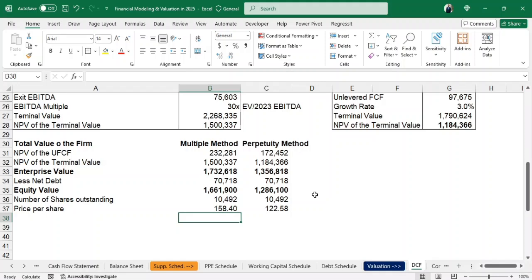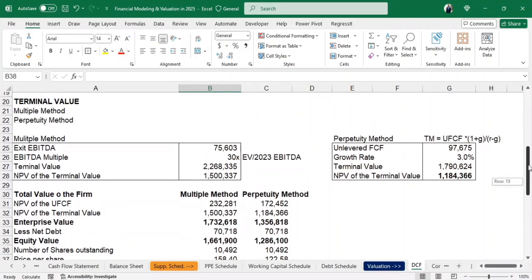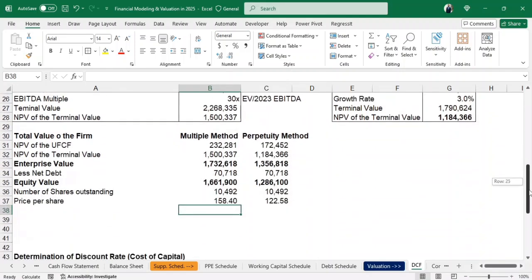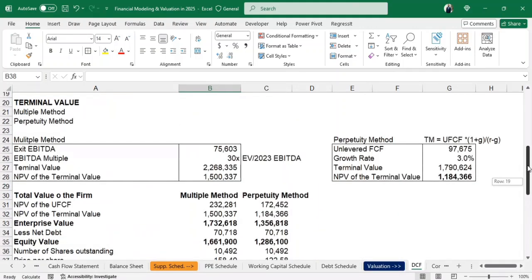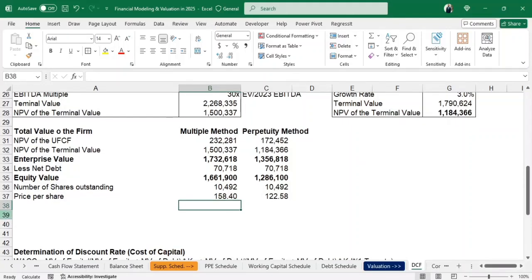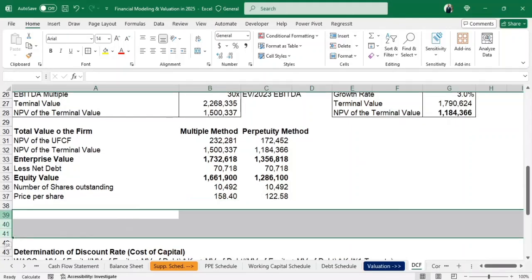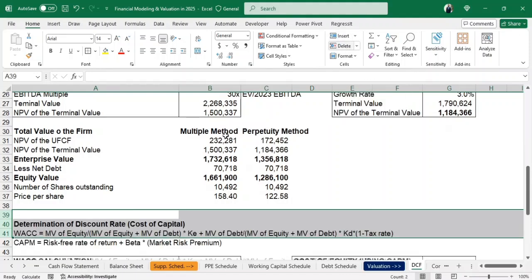So you could see that before we could do that of the multiples, we need to find all of these items which are market driven. So let me delete this extra space.